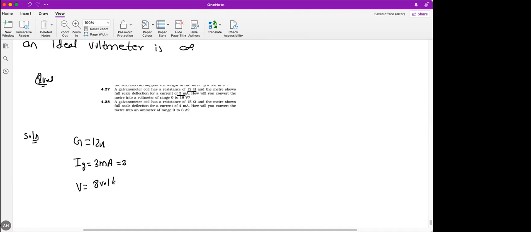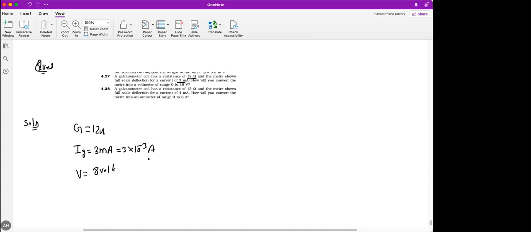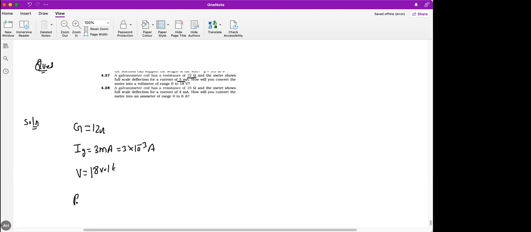IG is 3 milliampere, which means 3 into 10 raised to the power minus 3 ampere. The range is 0 to 18 volt, so you need R. What is R?